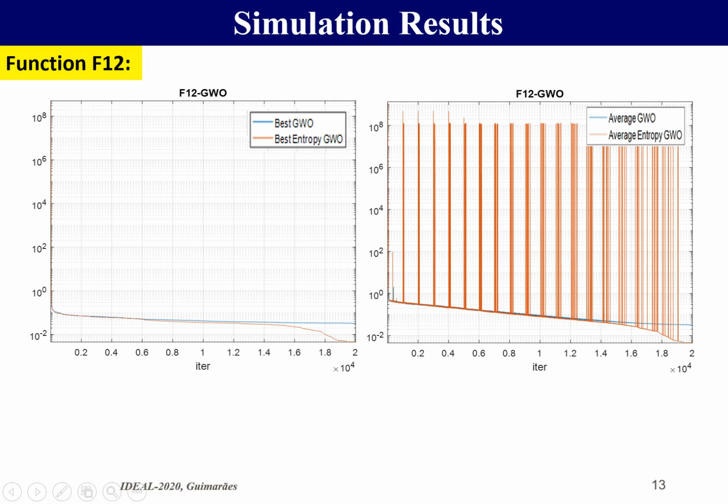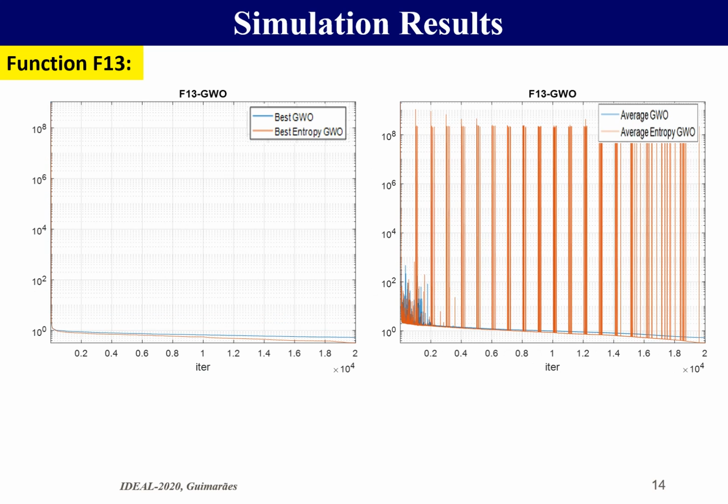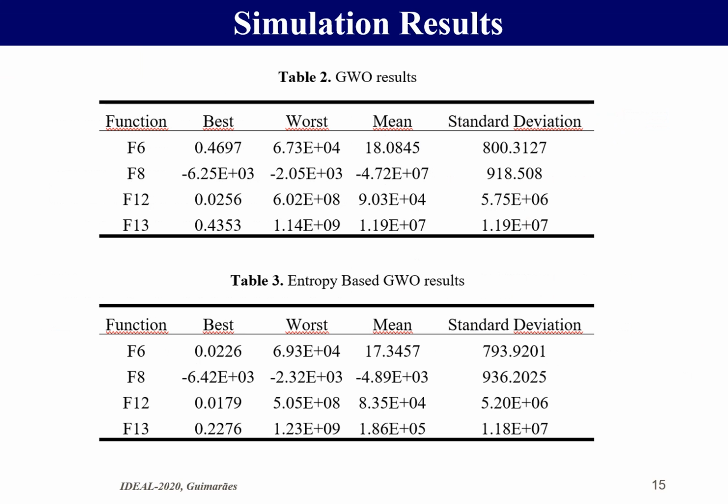The same thing happens for the function F12 and also for the function F13. Overall, we can also see the results in the tables in the paper. These are two tables that you can check in the paper. In most cases, for the best, worst, mean, and standard deviation, the EGWO performs better than the original algorithm.